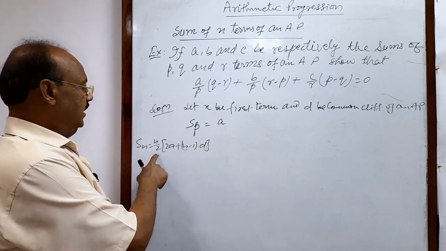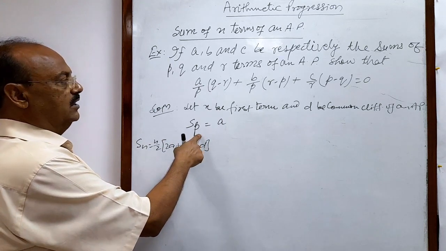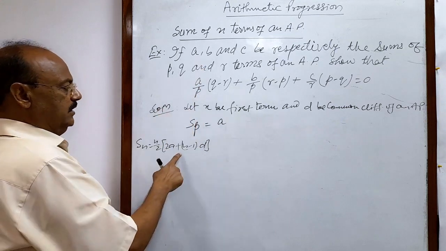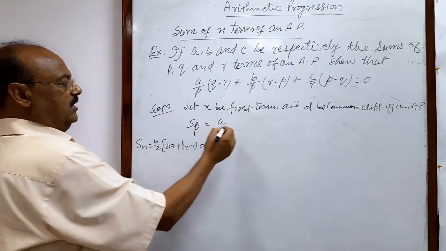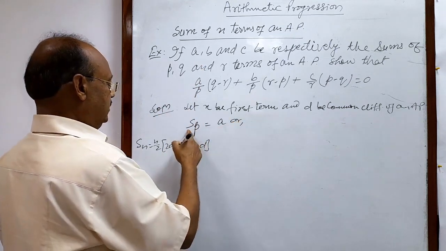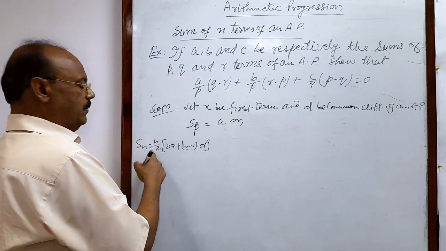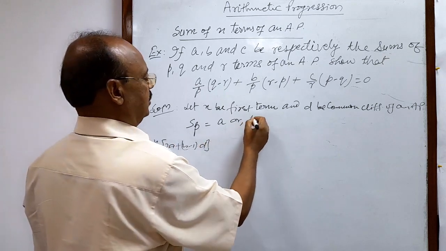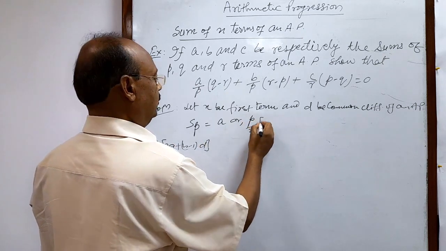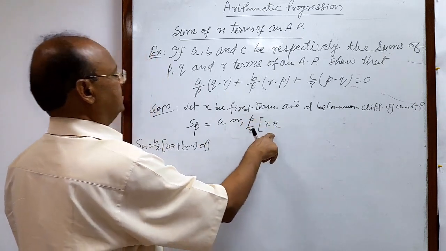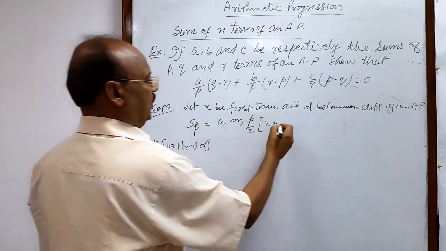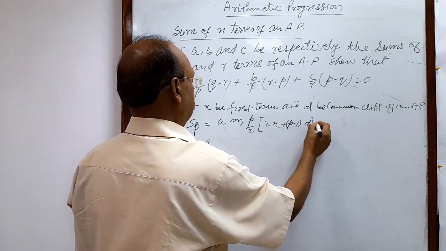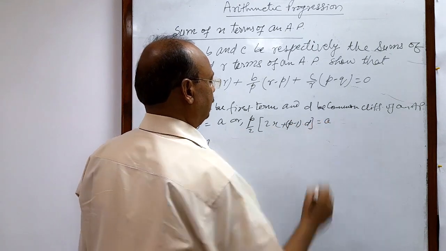In place of n, we are using P here, since the sum of P terms is given as A. So by this formula, we can write SP as P by 2 into (2X plus (P minus 1) into D), where X is the first term. This is equal to A.